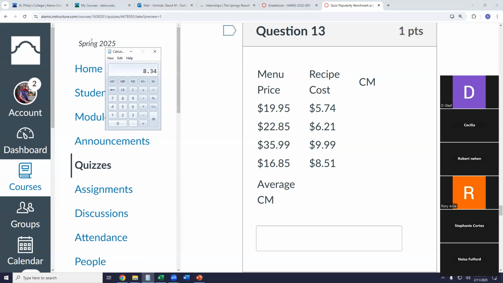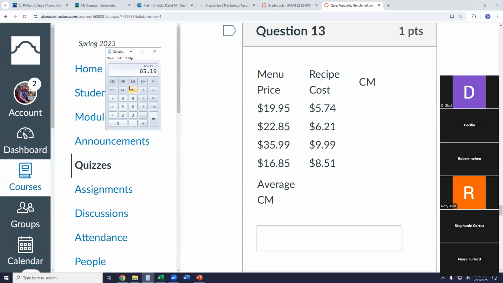Okay, so I add those together: 834 plus 26 plus 1664 plus 1421. Let me try it again. 1421 plus 1664 plus 26 plus 834. So my total is 6519. Divide that by how much?